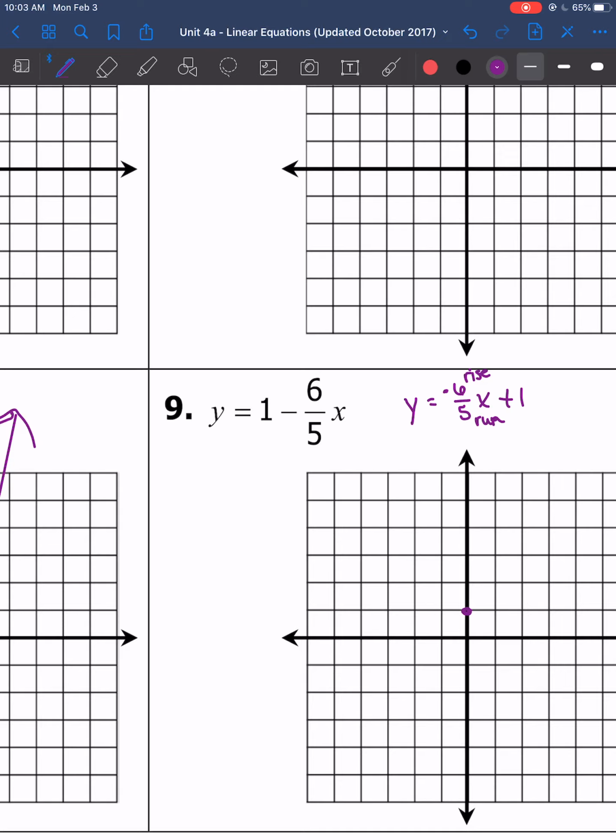But I can move that negative around. I can put the negative on the bottom, but I think I can go down 6. And then I'm going to run 5 in the positive direction.